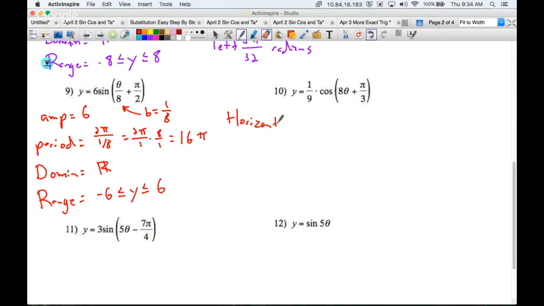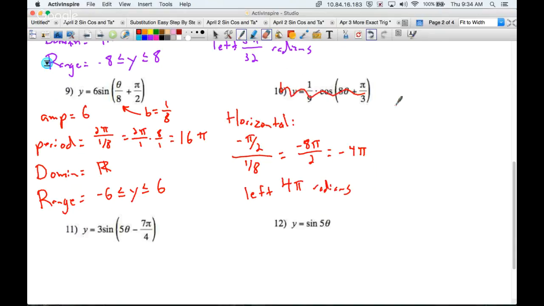The horizontal shift is h over b, or negative pi over 2 divided by 1/8, which is -8 pi over 2, if we copy dot flop that, or -4 pi, or left 4 pi radians. Vertical shift is none.